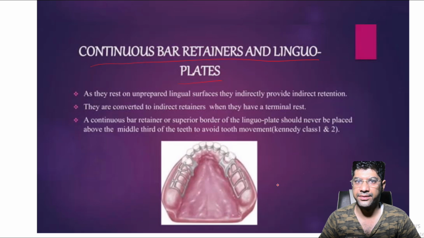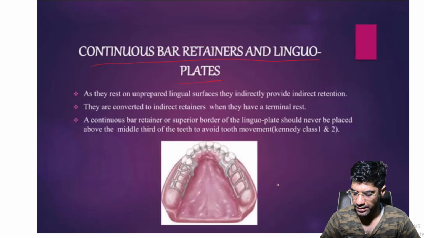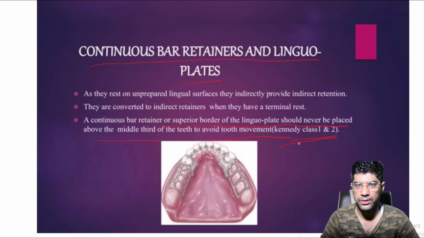While they are not considered indirect retainers themselves, they do help to provide the indirect retention. So they are converted to indirect retainer when they have a terminal rest. A continuous bar retainer or superior border of lingual plate should never be placed above the middle third of teeth to avoid the tooth movement in the Kennedy class 1 or class 2 occlusion.